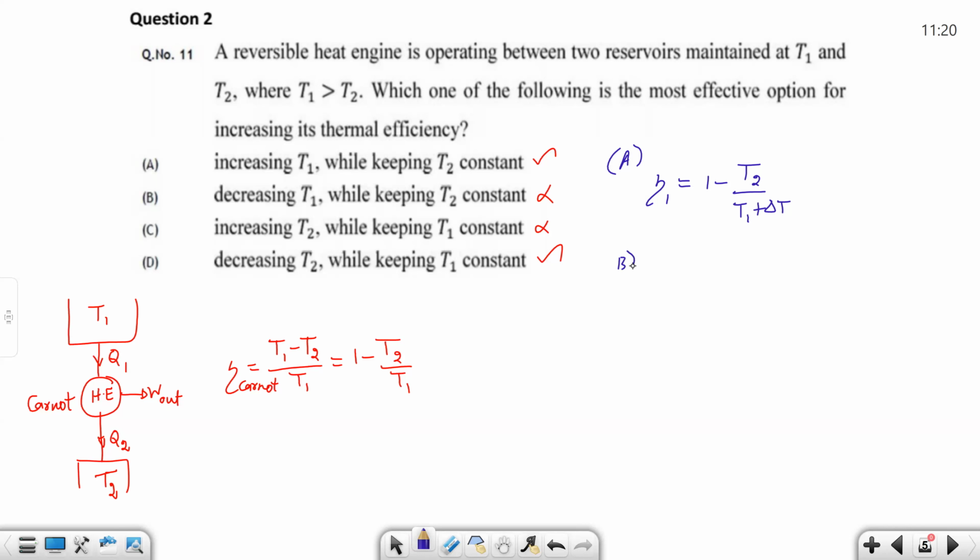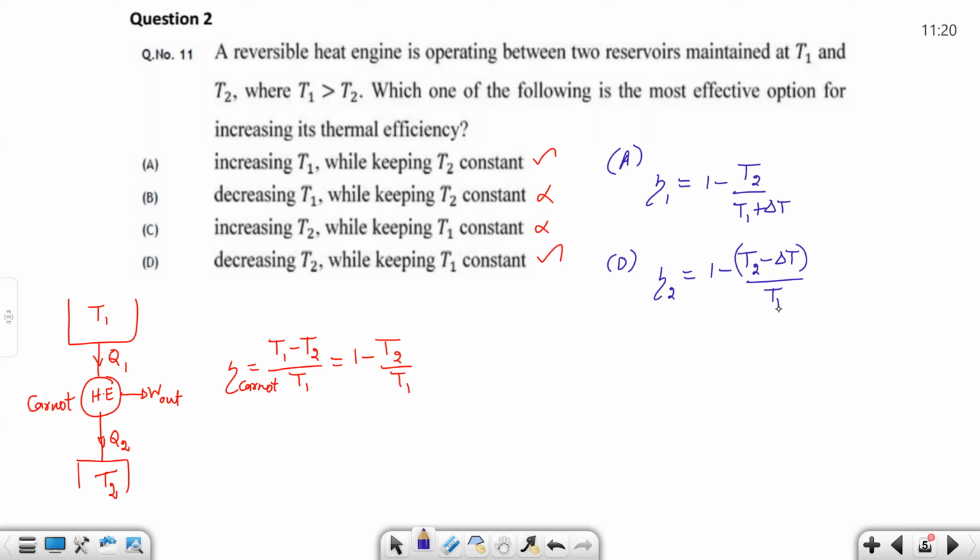For D, you take efficiency 2: 1 minus T2 minus delta T, decreasing T2 by the same delta T amount, keeping T1 constant.